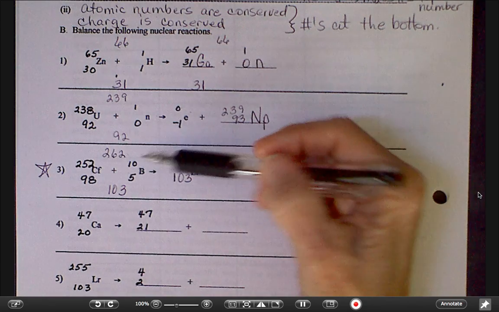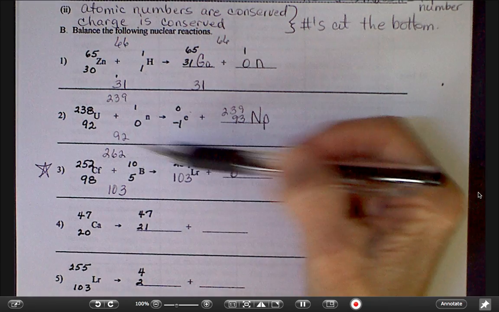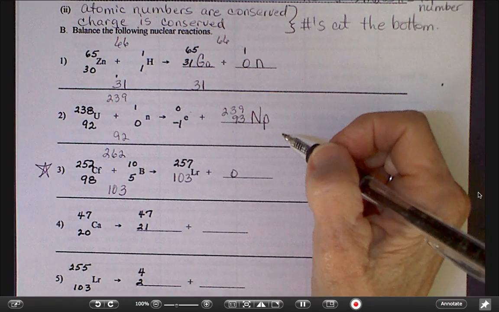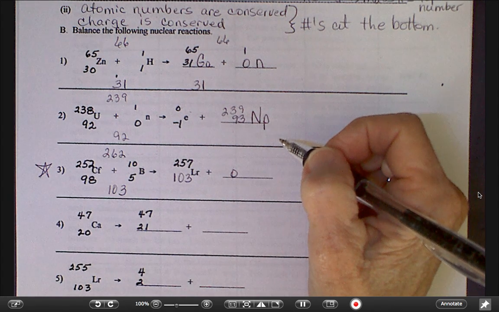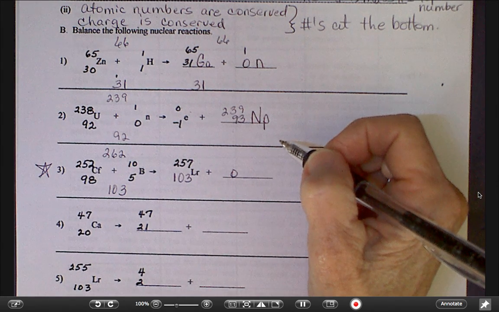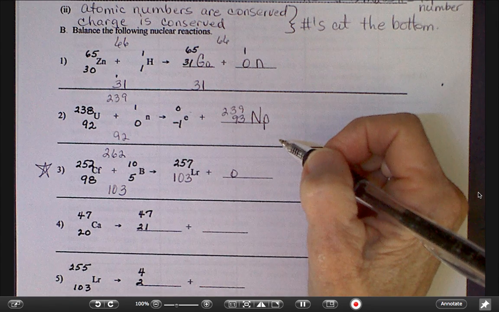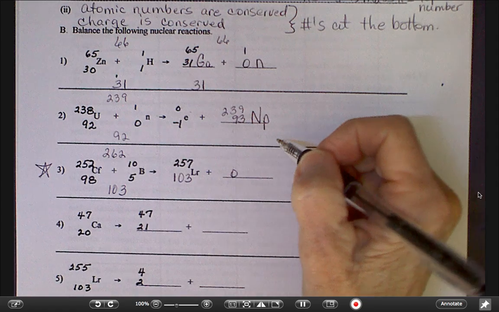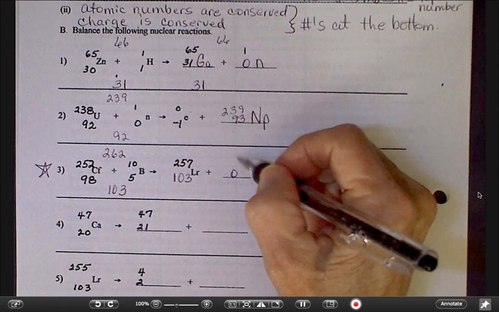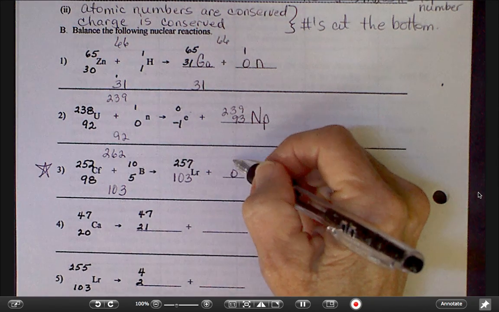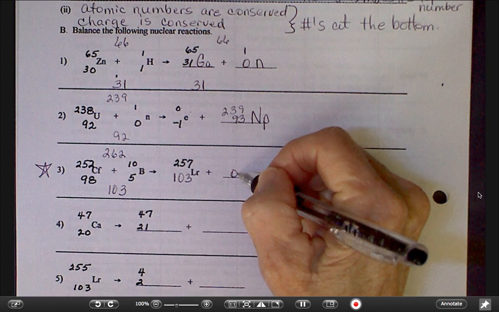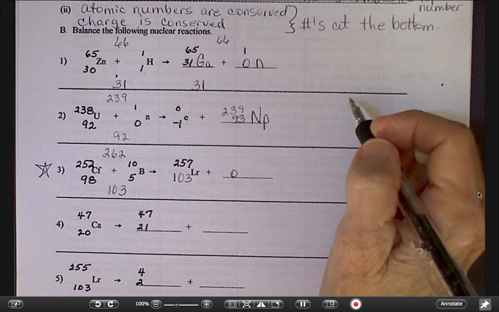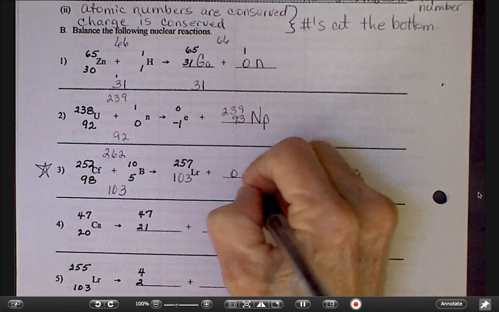Now then, what's the difference between 262 and 257? Okay, go look at your little chart. Is there any particle that had a 5 at the top? No. That means, what else do you have that has mass on the top and a 0 on bottom? The neutron.